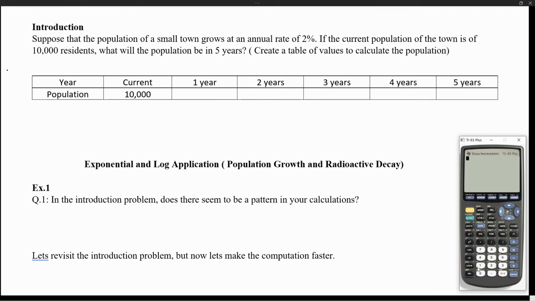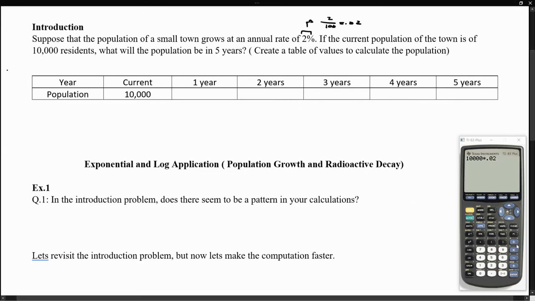So 10,000, and we're going to multiply that times 0.02. But why 0.02? Because if we convert this percentage into decimals, that's equivalent to 0.02.